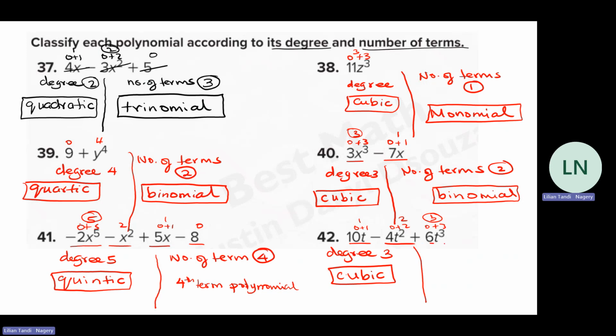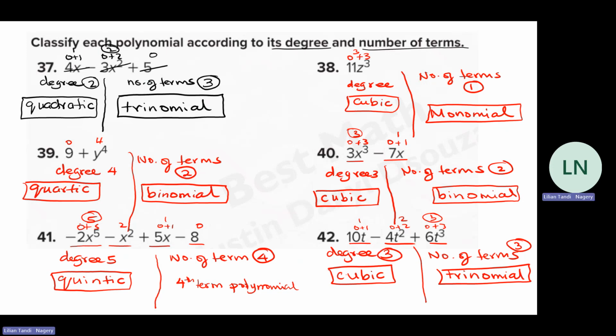And then how many terms? 1, 2, 3. So trinomial. Number of terms is 3.